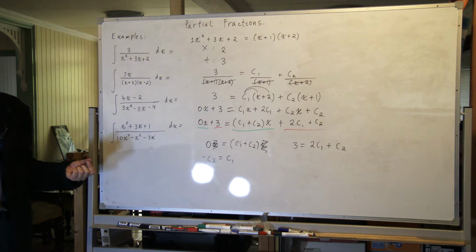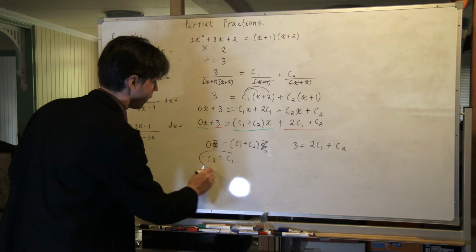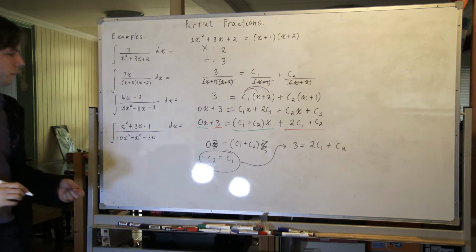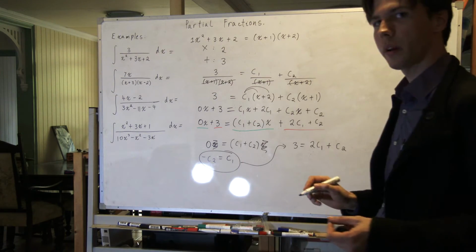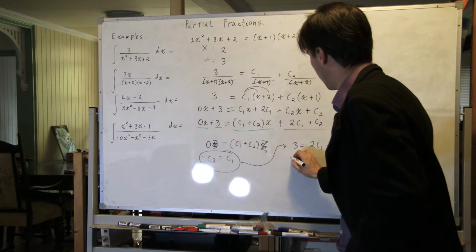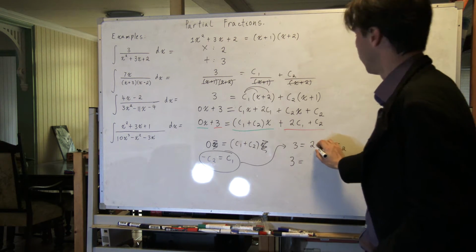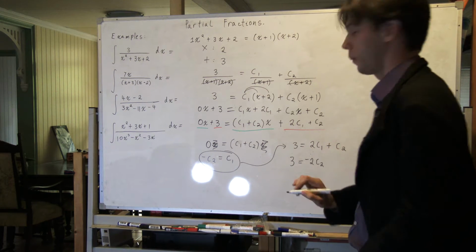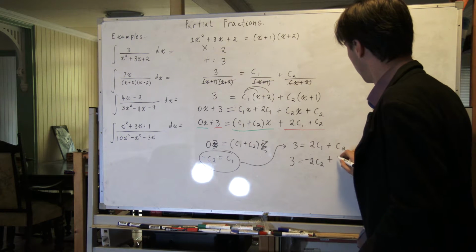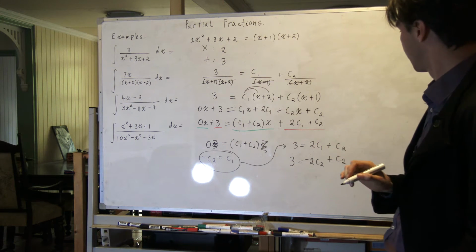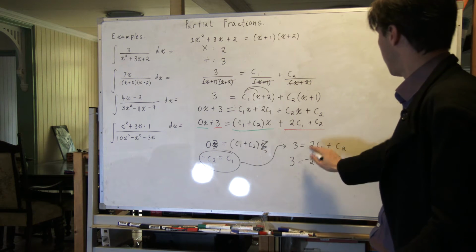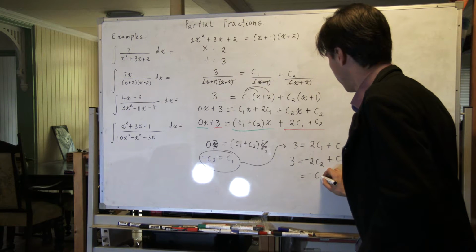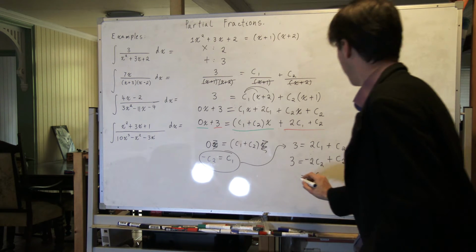So I can take this info and put it in here. So everywhere I see c1, I'm going to swap it out for negative c2. So 3 equals 2 times c1, that's negative 2 times c2, plus c2. Negative 2 times c2 plus c2 makes negative 1 times c2.